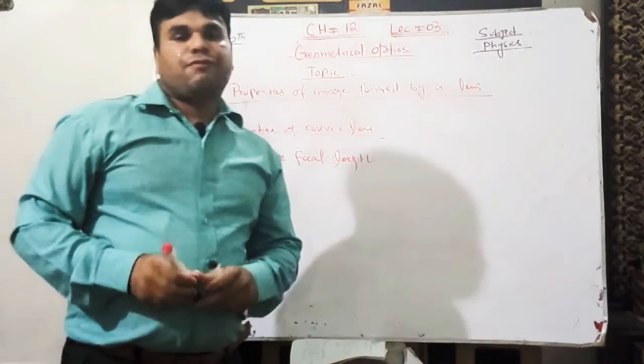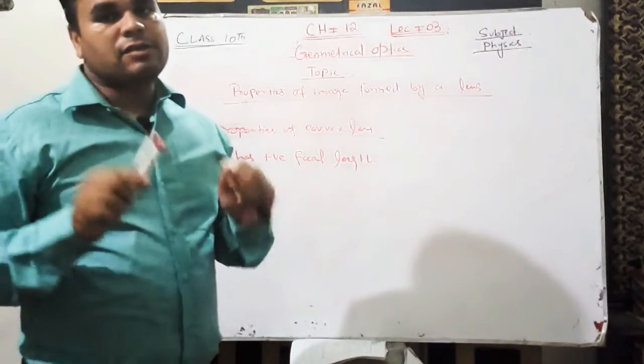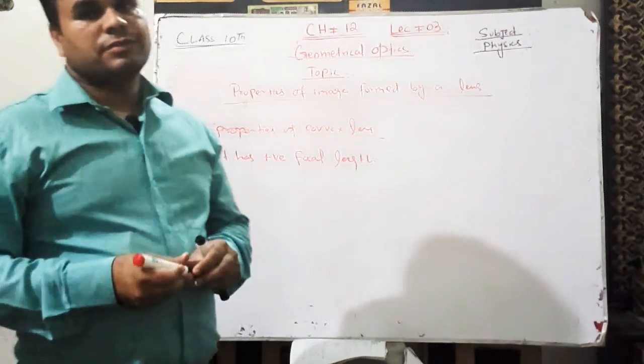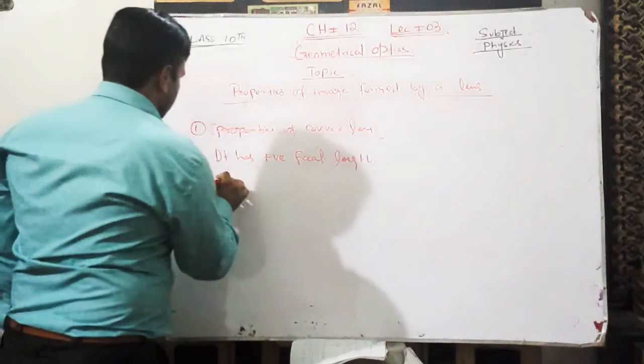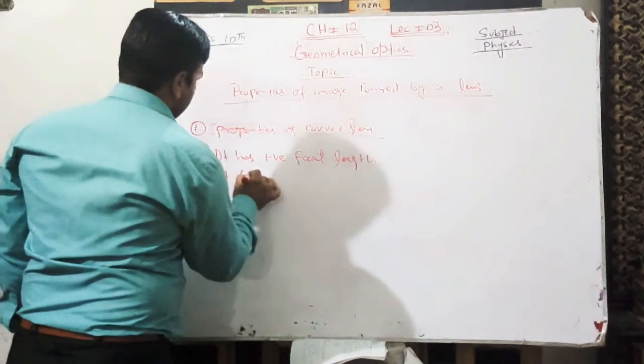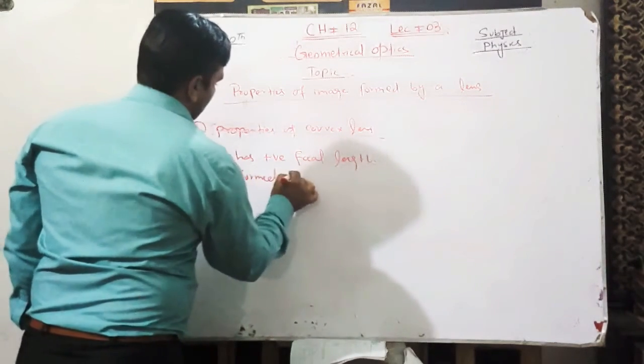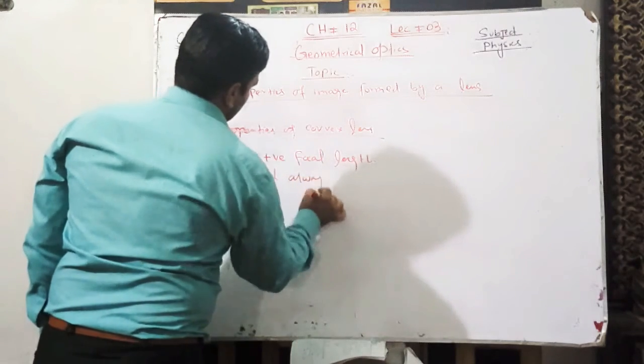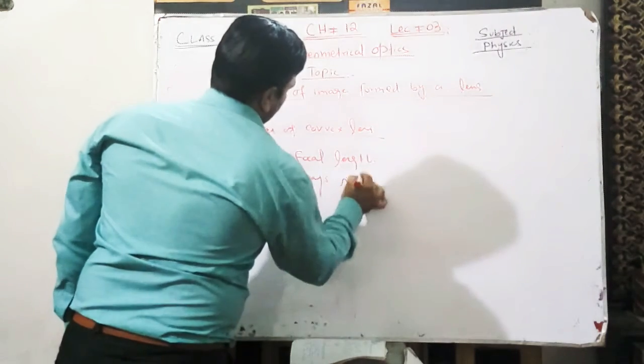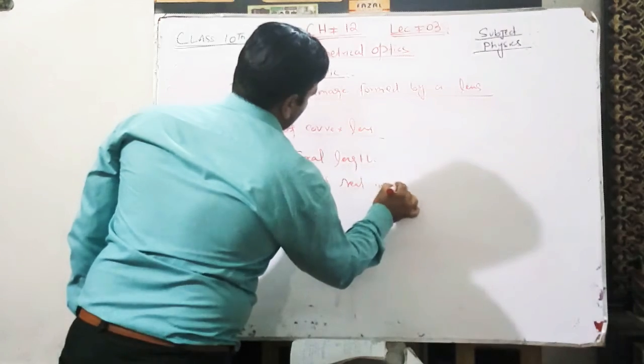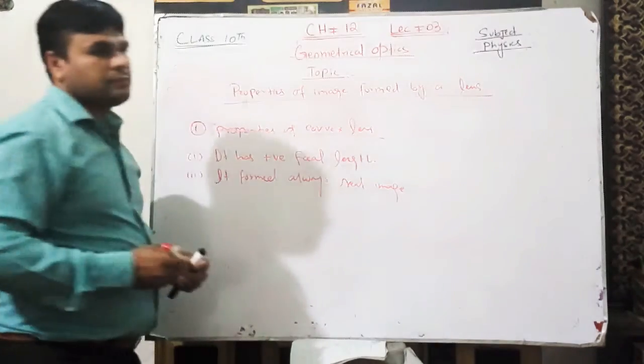The image formed by a convex lens is always a real image.